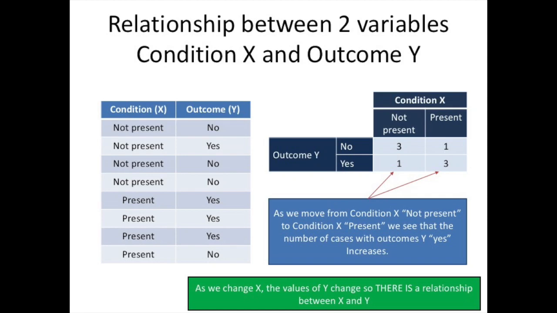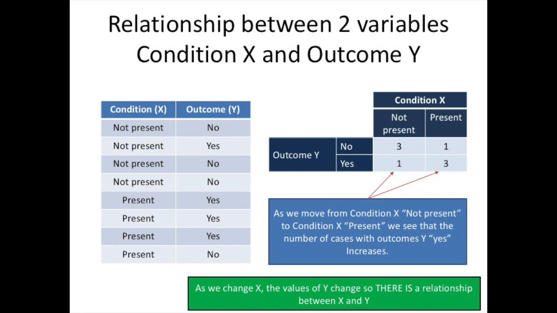Let's say we can observe 8 individuals. Let's say these are a sample of the population. And for each individual, we observe whether they have a condition present or not. This condition X, 4 individuals have it, 4 individuals don't have it.